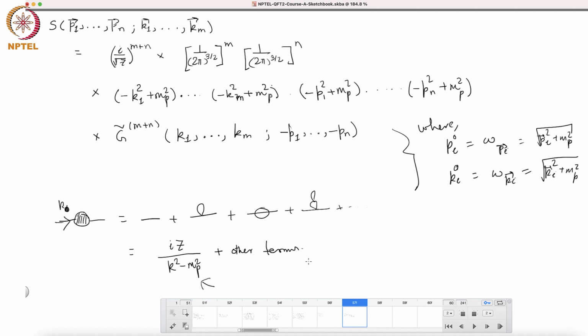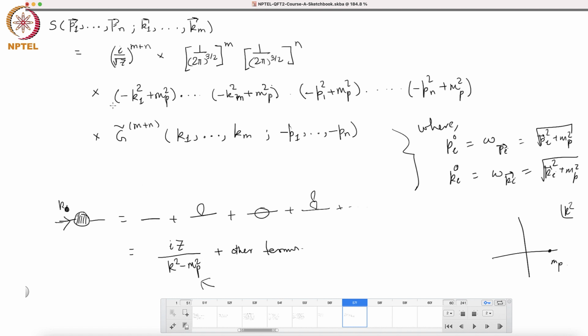Other terms are not that singular, meaning you have a pole in the 2-point function, and the pole is at the physical mass. If you look at this object in the complex plane of k square, there is a pole at the physical mass, whatever that physical mass of the particles is.